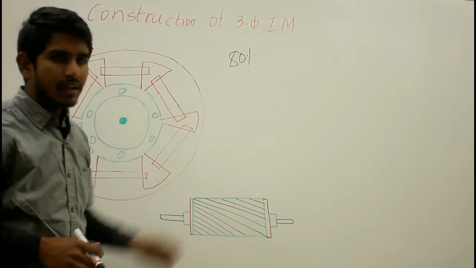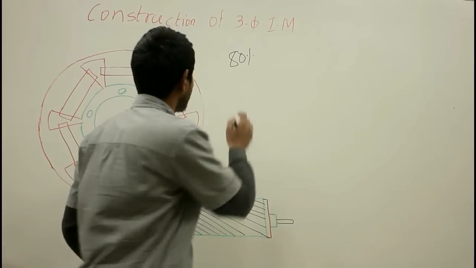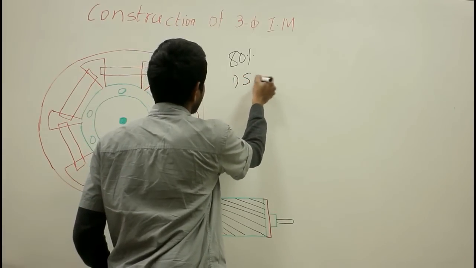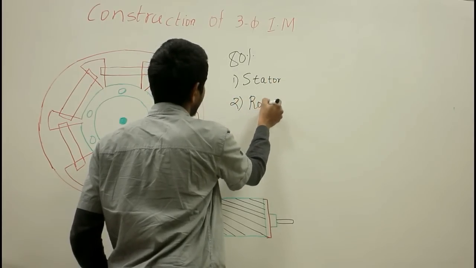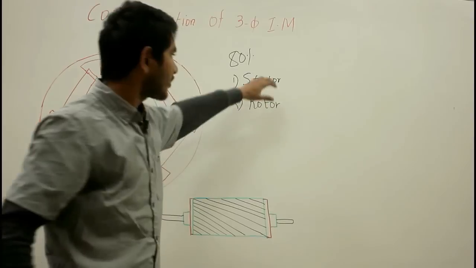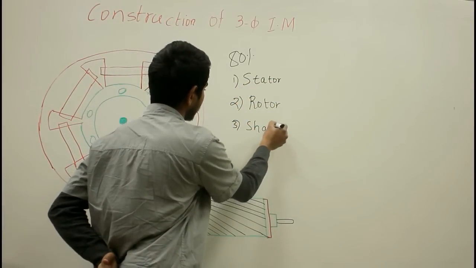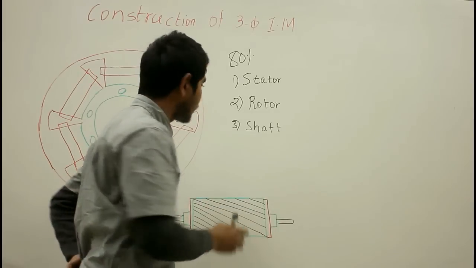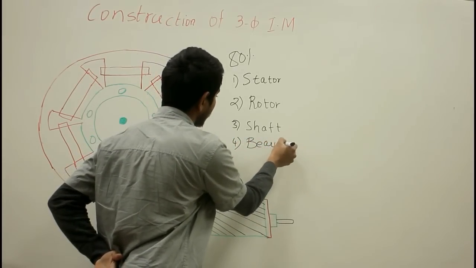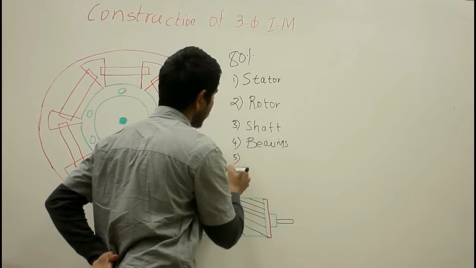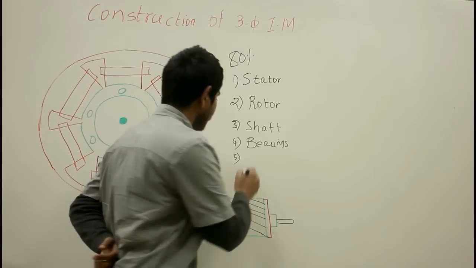Any rotational electrical motor has mainly two parts. The first part is the stator and the second part is the rotor. Apart from these two parts, we also have a shaft to transmit the torque to the load, bearings to support the rotating shaft, and a terminal box to provide electrical connection.